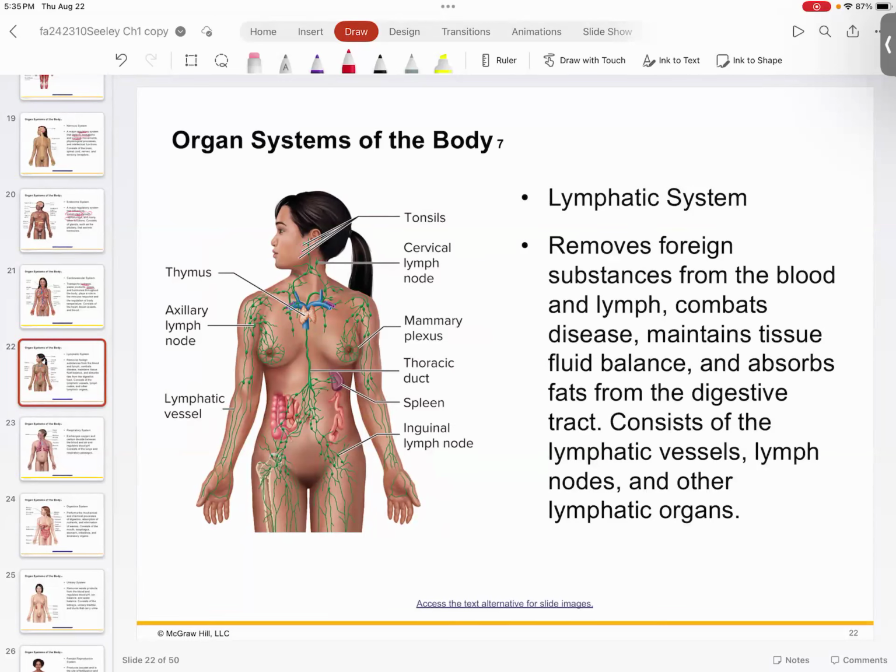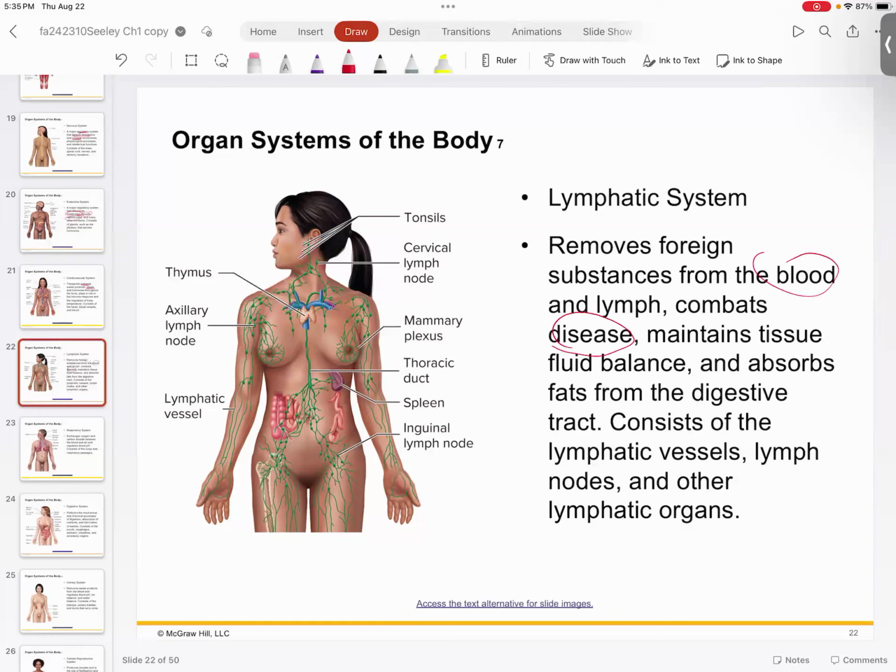The lymphatic system is one that we oftentimes don't talk a whole lot about in AMP2, but this is another circulatory system, an open system, and its job is essentially to take different types of things out of the blood, so it kind of cleans the blood and the lymph. It's part of your immune system.